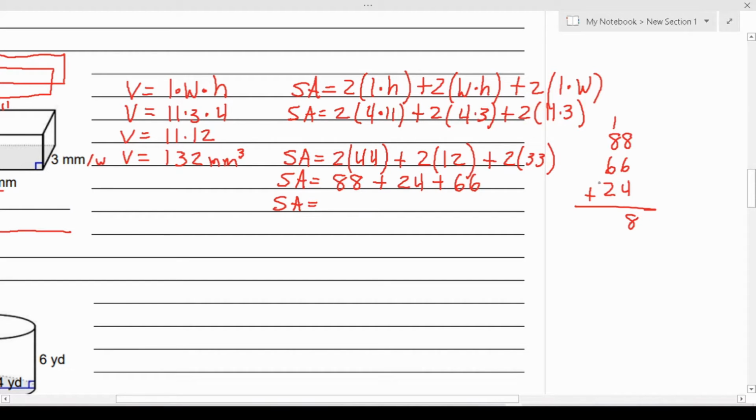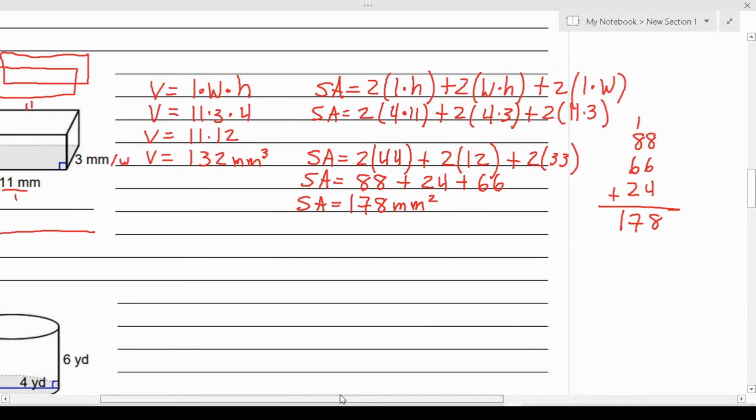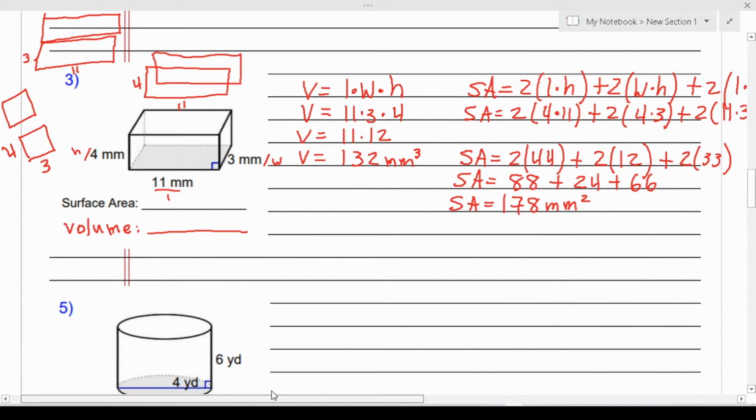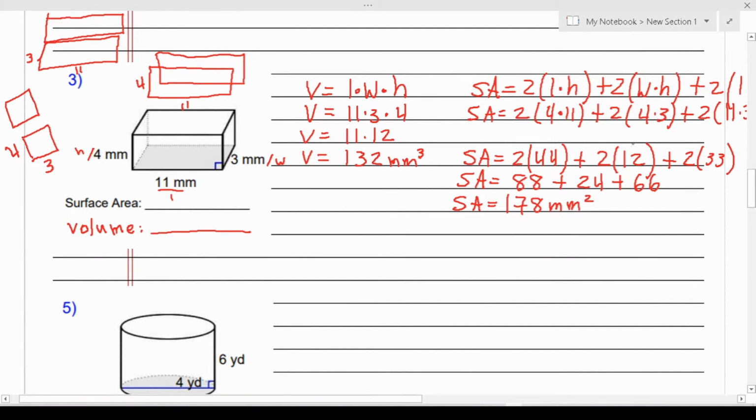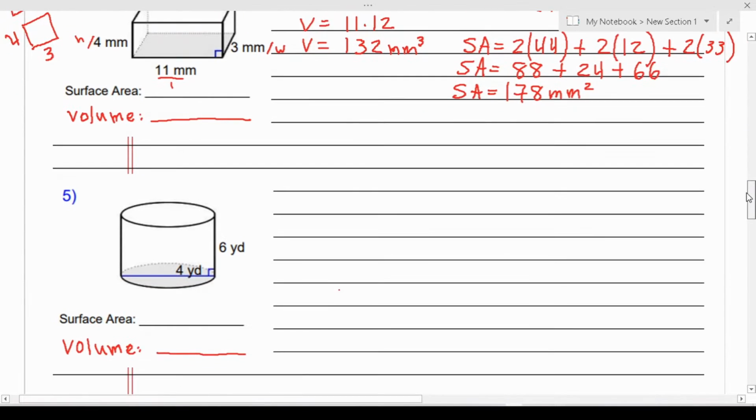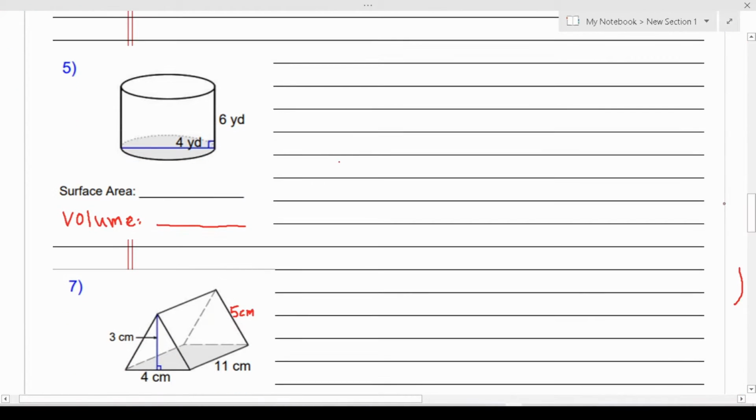So you're going to carry a 1. 8 plus 2 is 10, plus 6 is 16, plus 1 is 17. So we can see that this surface area is 178 millimeters squared. Okay. So again, that's how you find surface area of these rectangular prisms or boxes. All right, let's move on to this cylinder.